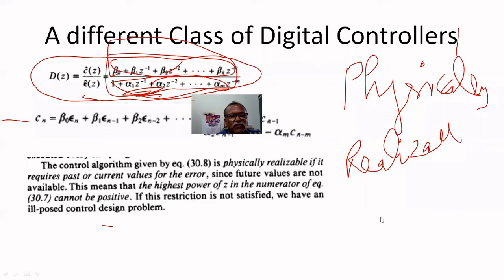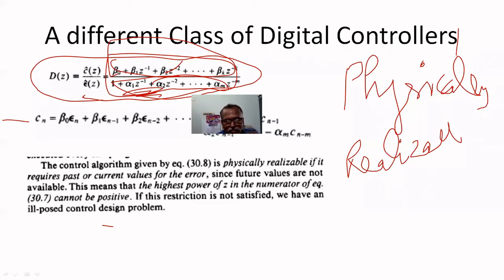Once you designed, you should check whether your controller is physically realizable or not, because if it is not physically realizable and you try to implement it, it expects a future value. How to find whether the controller is physically realizable or not? For that, we have to check the numerator.